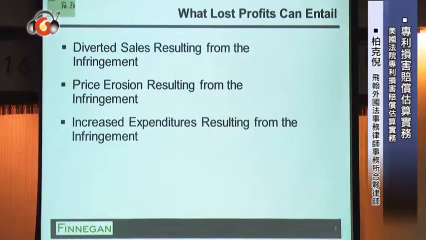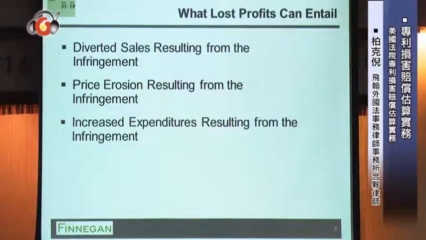There are three parts to a lost profits analysis. The first is the kind of lost profit that most of us think about when we think about lost profits, and that is the revenue and the profits that the patent owner lost as a result of the infringement. The sales that the defendant made should have been made by the patent owner in the first place. The second kind of damage that is suffered in a lost profits analysis is what we call price erosion.